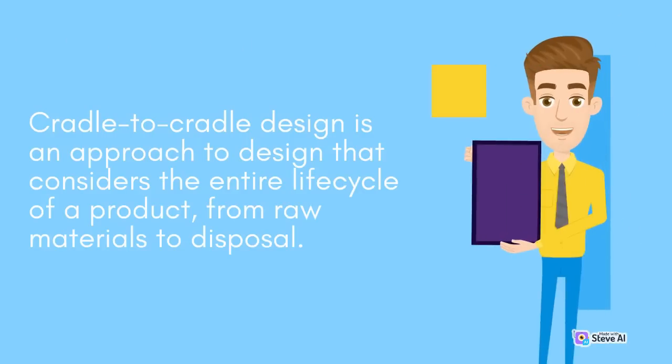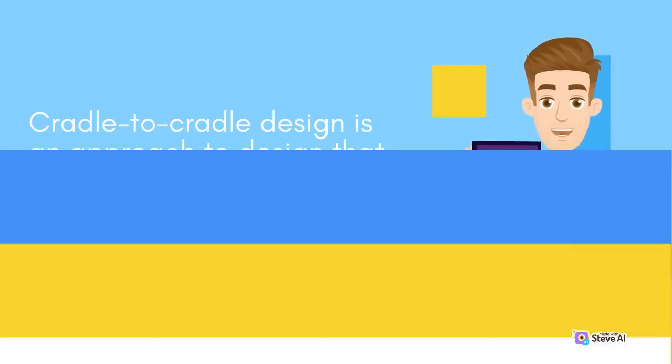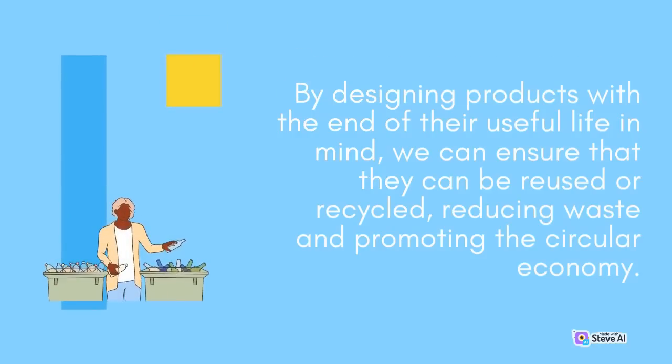Cradle-to-cradle design is an approach to design that considers the entire life cycle of a product, from raw materials to disposal. By designing products with the end of their useful life in mind, we can ensure that they can be reused or recycled, reducing waste and promoting the circular economy.